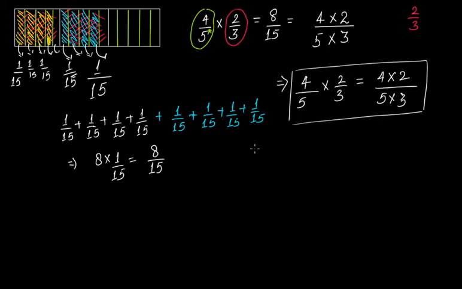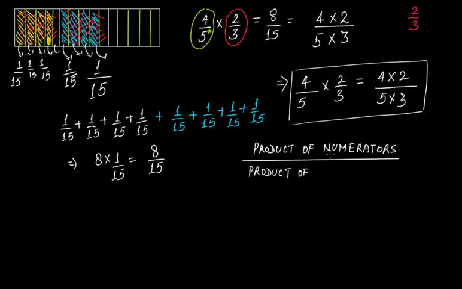It should be product of numerators divided by product of denominators, right? This will be the normal formula.